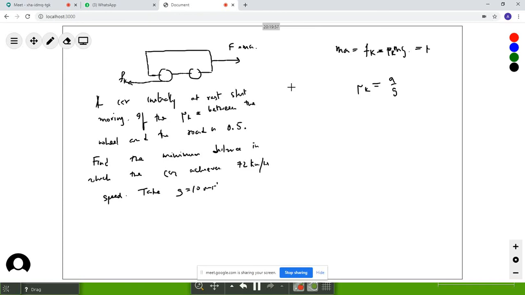So what's the answer? 40 meter, 40 meter.